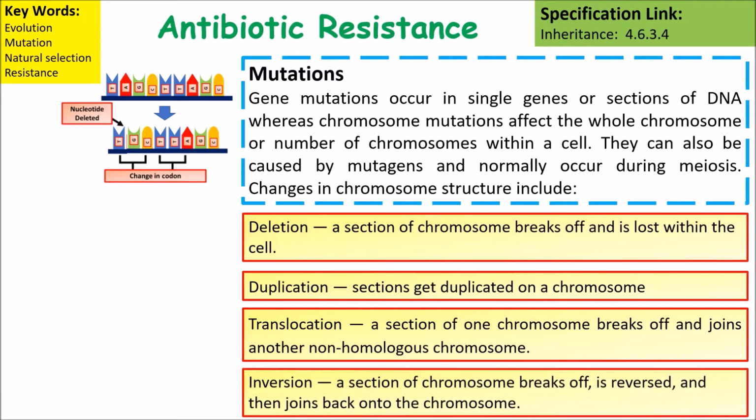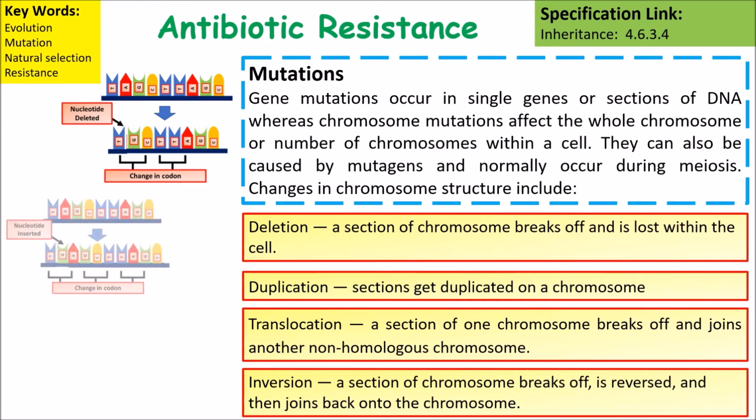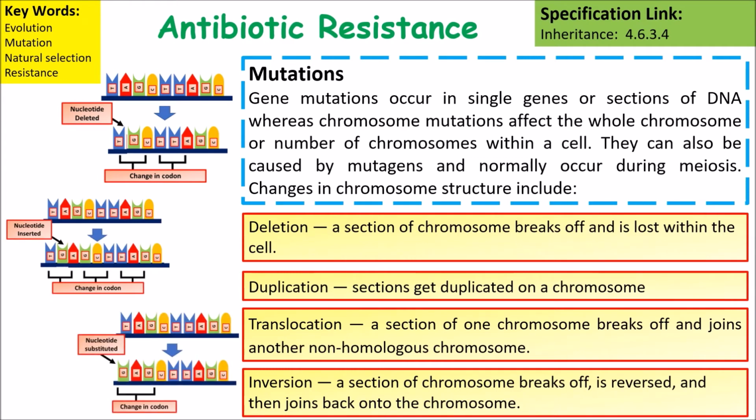And inversion is where a section of the chromosome breaks off and is reversed, then joins back onto the chromosome. You can also get nucleotides being inserted into the DNA and nucleotides being substituted. Most mutations will not be beneficial, but a few of them are, and it's the few that are that help lead to evolution.